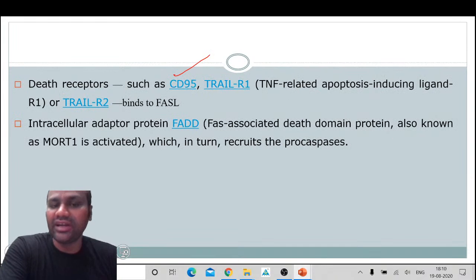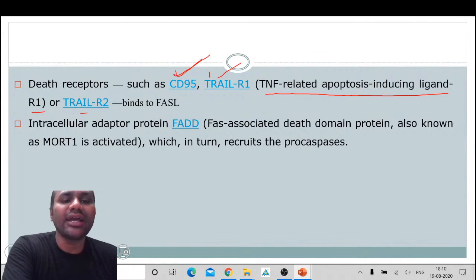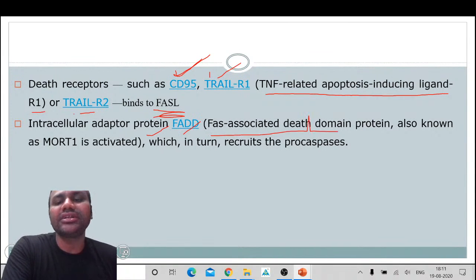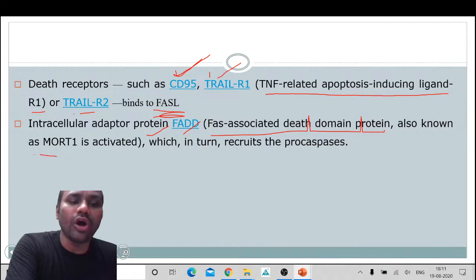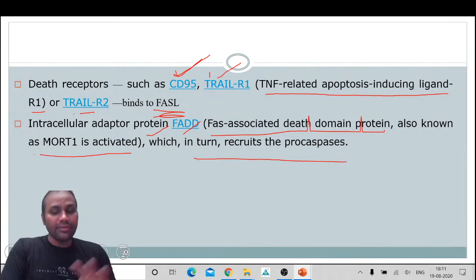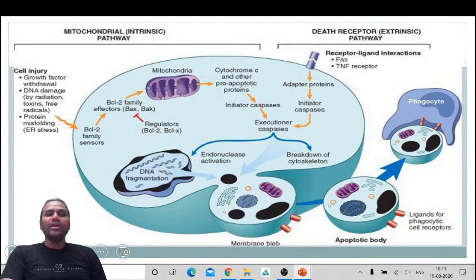Receptors like CD95 or TRAIL R1, TNF-related apoptosis-inducing ligand receptor 1, and TRAIL R2 bind to the Fas ligands. The intracellular adapter protein FADD, Fas-associated death domain protein, also known as MORT1, is activated, which in turn recruits the procaspase. I have already explained this. This picture will sum up the intrinsic pathway and the extrinsic pathway.